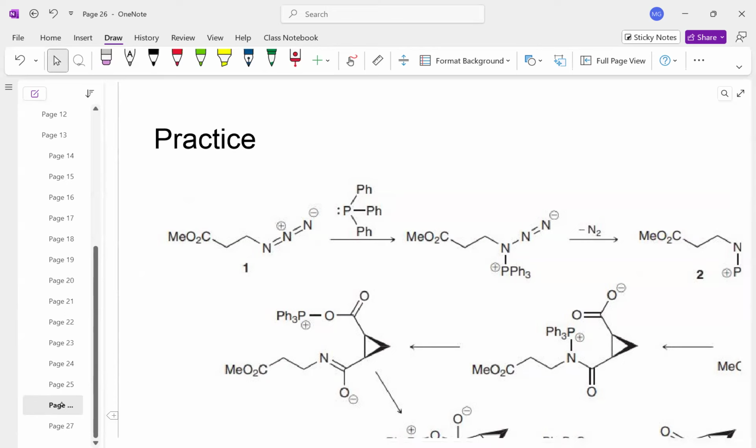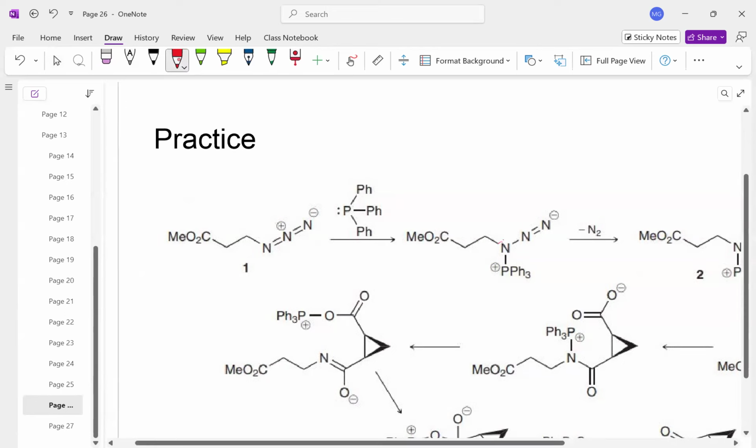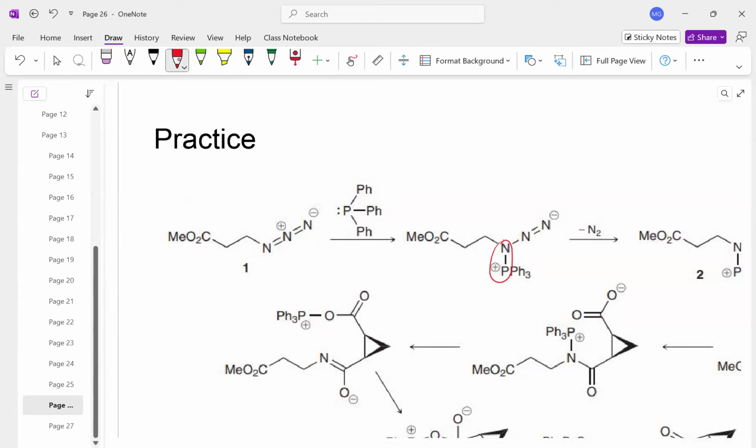Okay, well, what's new? Well, I got a new bond here between nitrogen and phosphorus. That's new. And what else has changed? Well, this used to be a nitrogen-nitrogen double bond. Now it's a single bond. Okay, well, let's draw something that addresses that. So I'm going to make a bond from the phosphorus to that nitrogen.